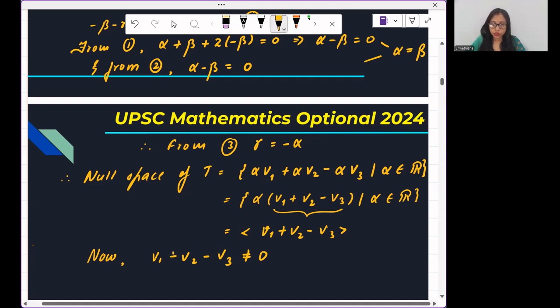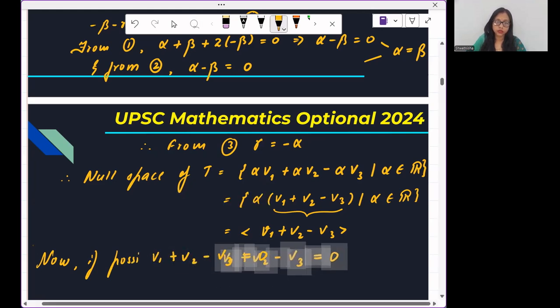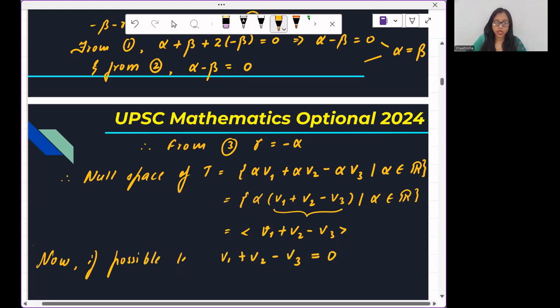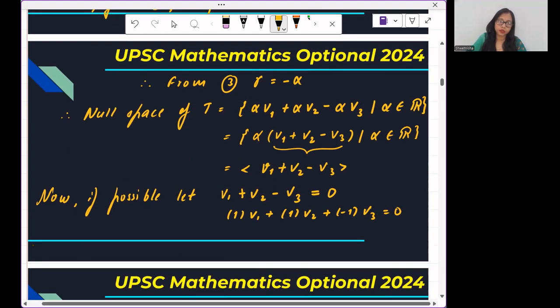Or you can write, if possible, let this be equal to 0. It implies 1 times V1 plus 1 times V2 plus minus 1 times V3 is equal to 0.